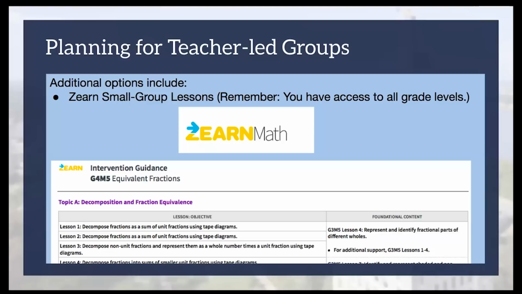Because in Zern, when they do foundational guidance, they don't do the full 30-minute Zern lesson. They only get the meat, just the instructional component. So you've got two pieces in Zern that you could use: that teacher-led piece for your group, and then the digital component for your students to use for their independent lesson.